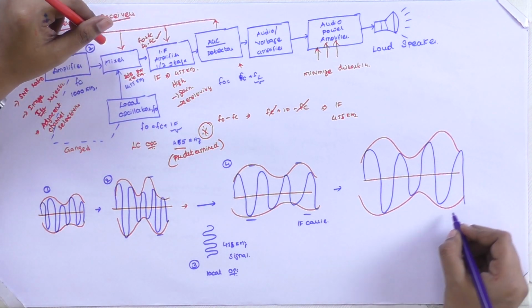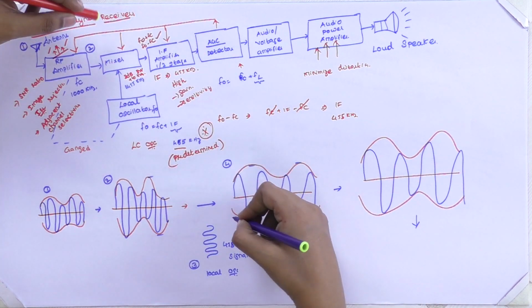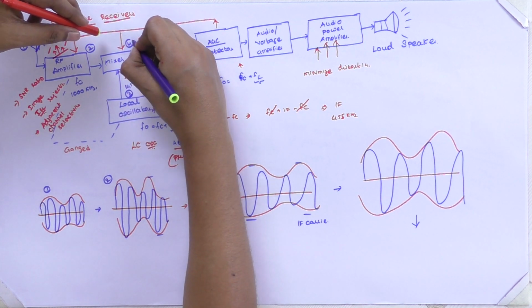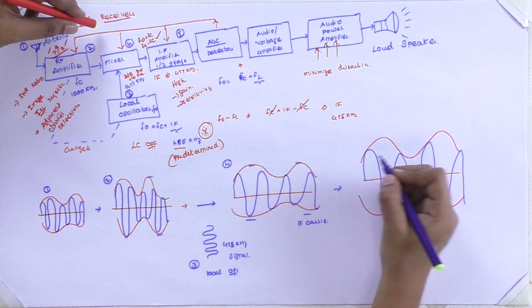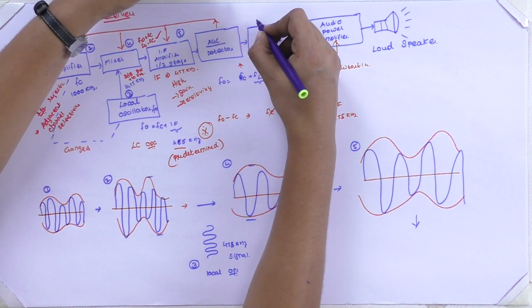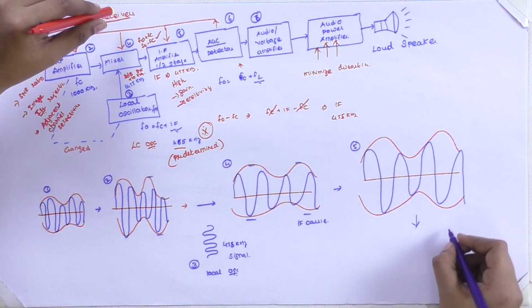The amplifier stages are followed by the detector. Therefore, this is our third stage, the local oscillator stage, then fourth, fifth. This is our fifth stage, followed by the sixth, our detector stage, and the seventh is audio.